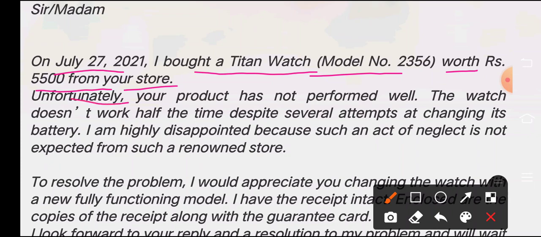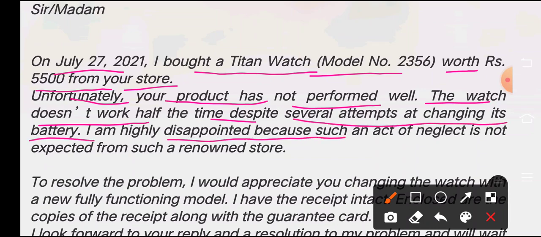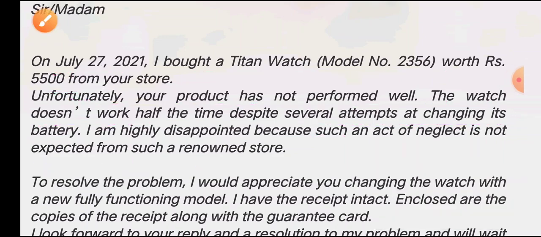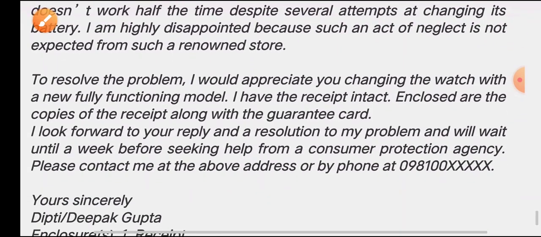Unfortunately, now you are describing the problem in detail, right? Unfortunately, your product has not performed well and the watch doesn't work half the time despite several attempts at changing its battery too. I am highly disappointed because such an act of neglect is not expected from such a renowned store, right.